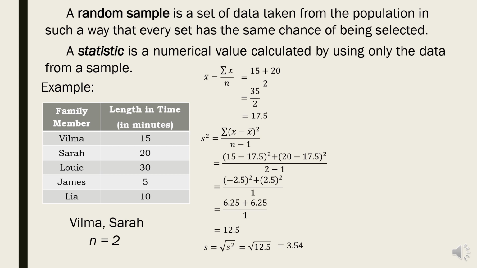Now, since we already have 17.5, 12.5 and 3.54 as numerical values calculated from the sample, this is what we call the statistic.